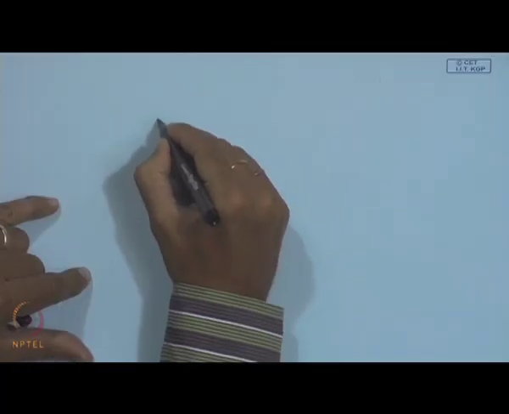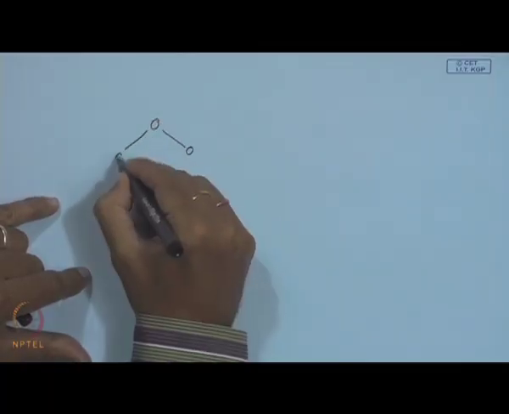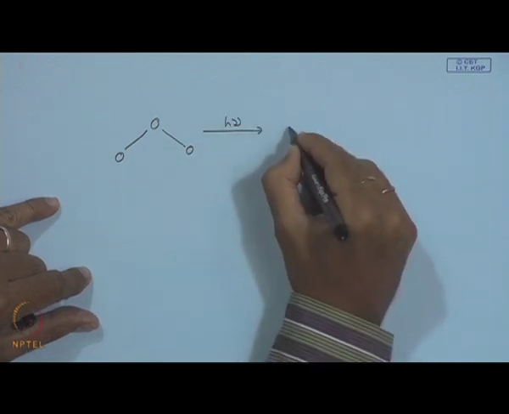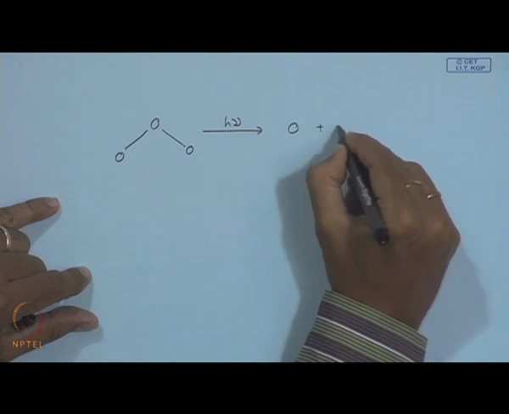In this case you use two lasers, two photons. One is for pumping and the next is for probing. We have used this example of the ozone reaction. With h nu you generate O and O2.